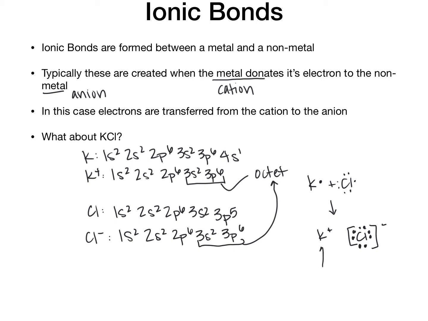So these both have octet, but they are not physically bound together. If they were, and we'll see in other videos, we'll draw a linker between them when they create an actual bond.